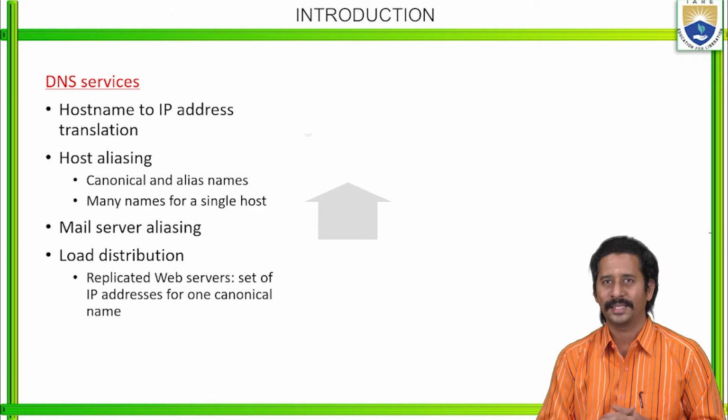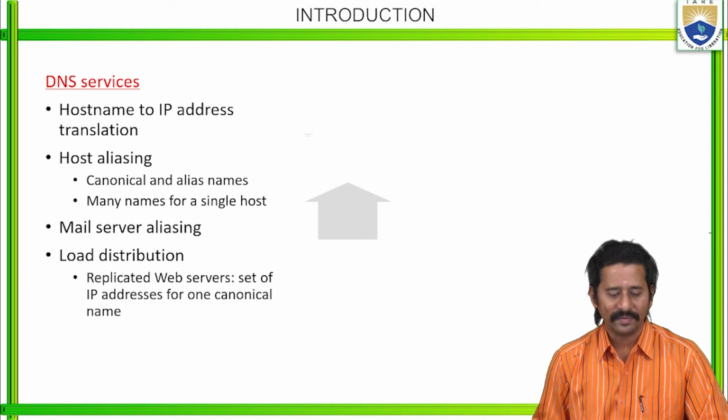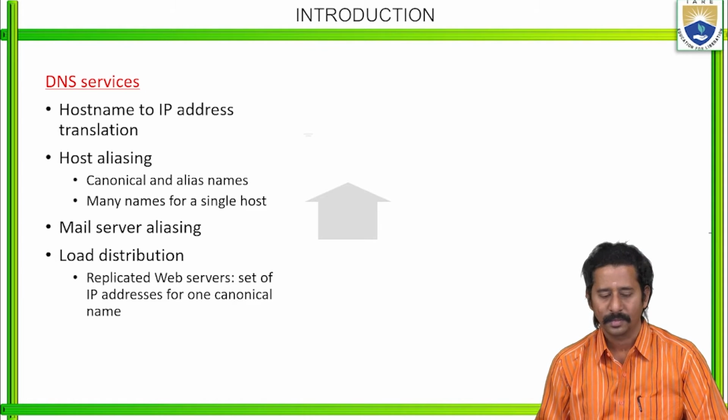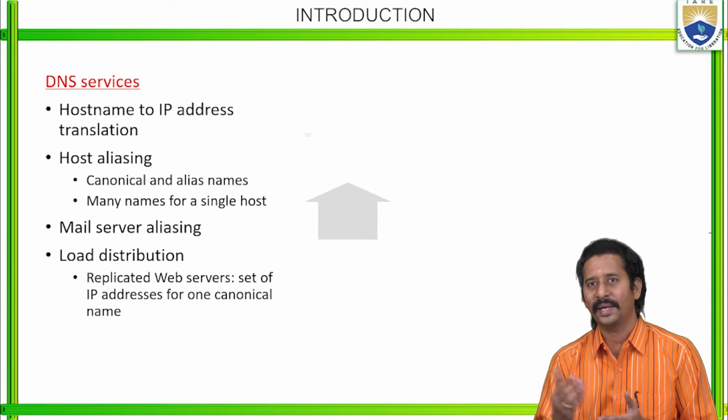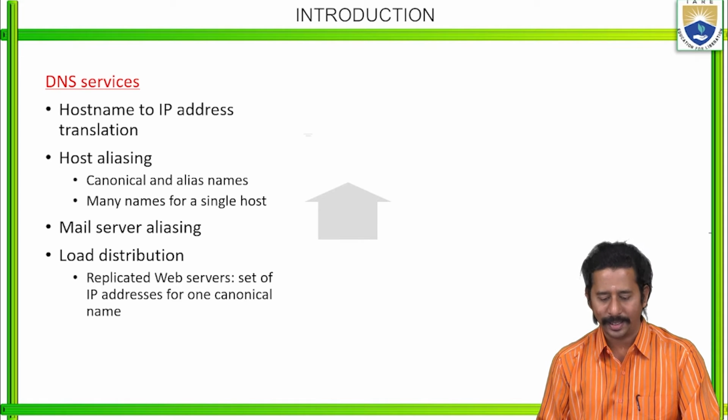Then host aliasing, that is, canonical as well as alias names, so we can use many names for a single host. Another service is mail server aliasing. Then load distribution across replicated web servers, where we have a set of IP addresses for one canonical name.